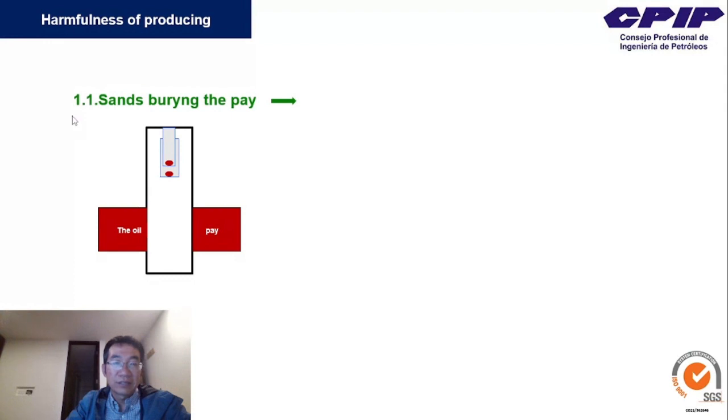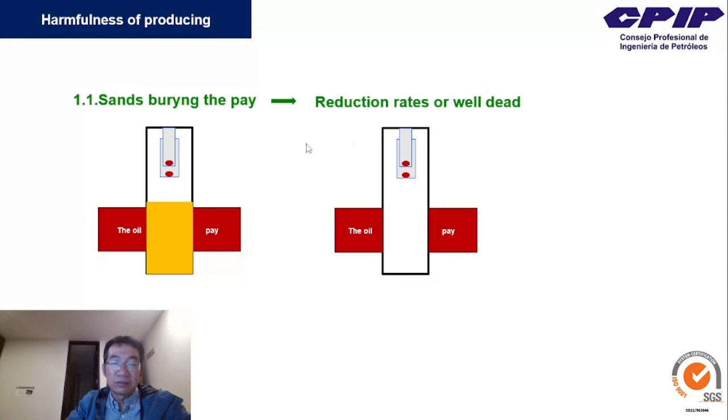The first one we can see is sand burying the pay zone. And what's the result? It means the production rate is reduced, or the well is dead.